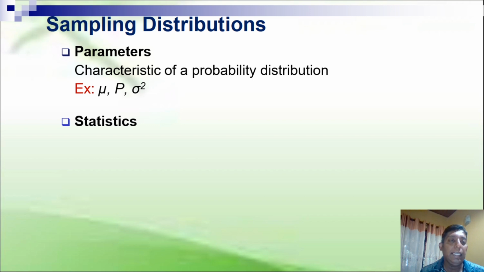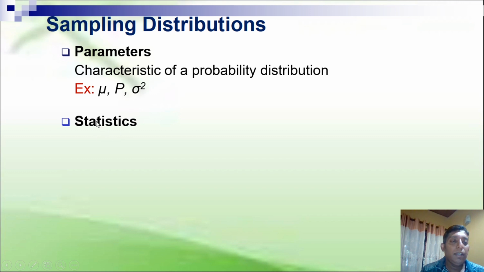That is why we say a characteristic of a probability distribution, because we use probability distributions to explain the characteristics of a population. For example: the mean mu, which is the mean of the population, the population proportion, and sigma square, which indicates the variance.